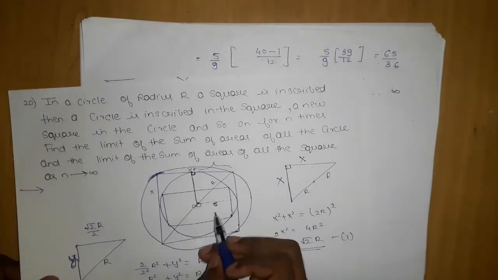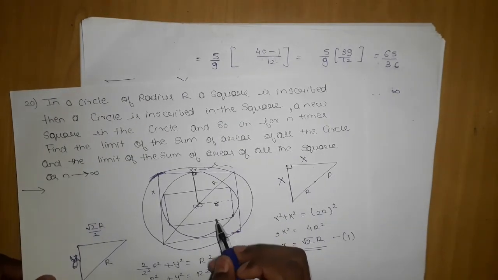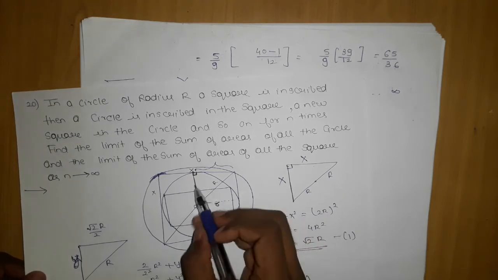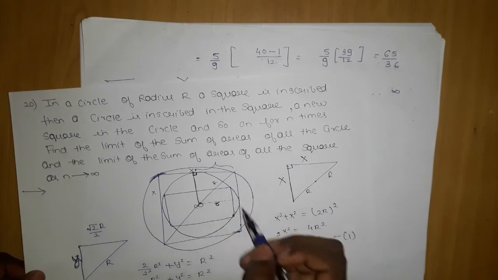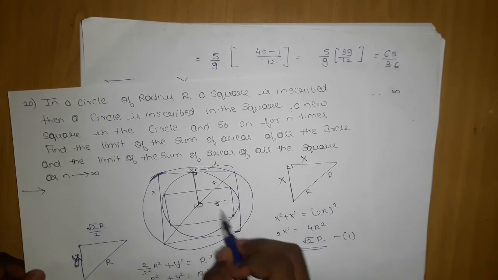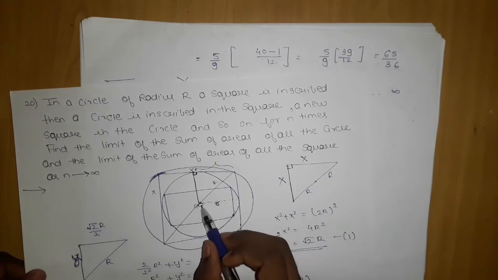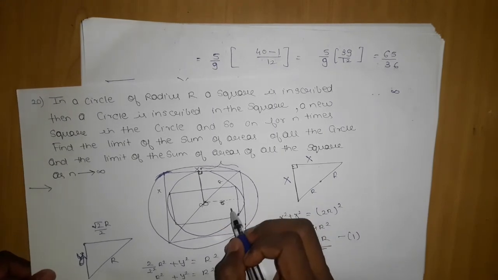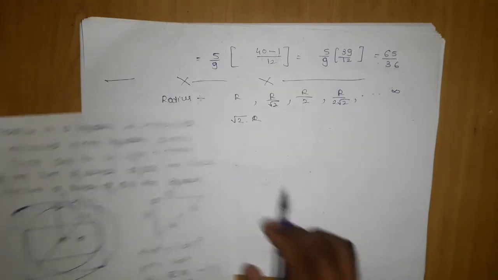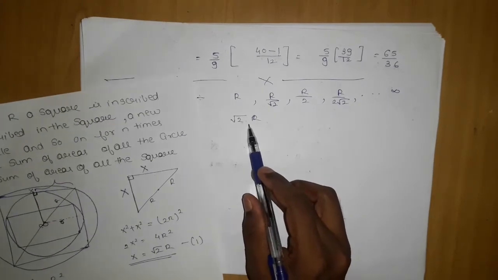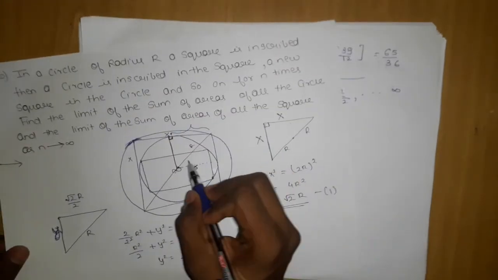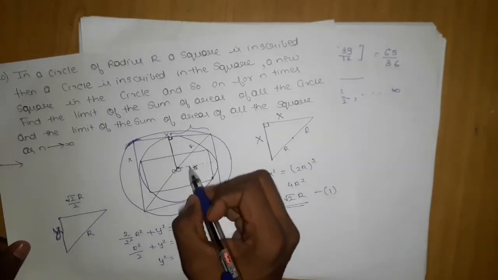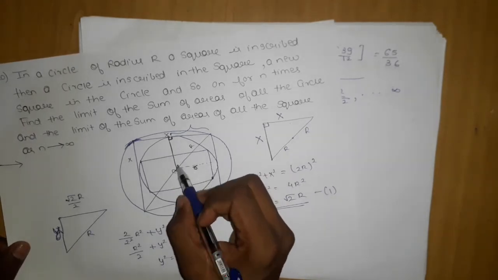Now if you observe the next square, we found this radius, so we have to find its side again.